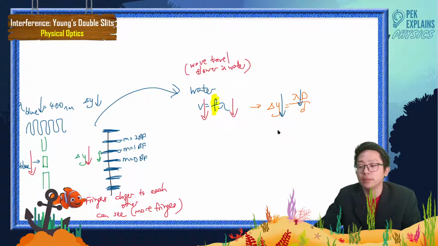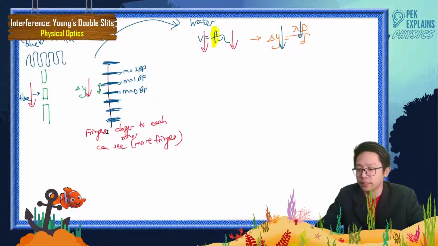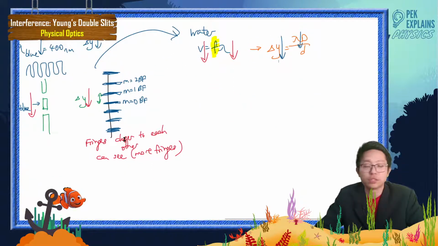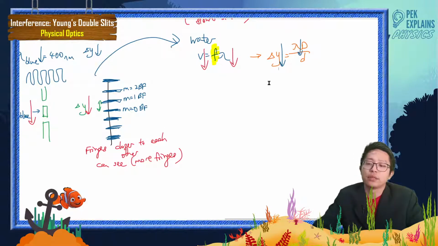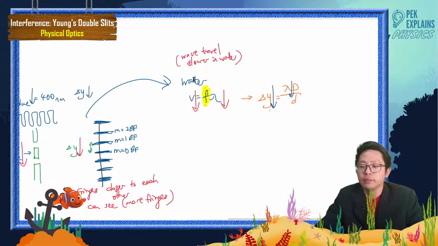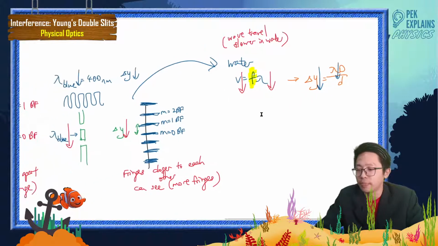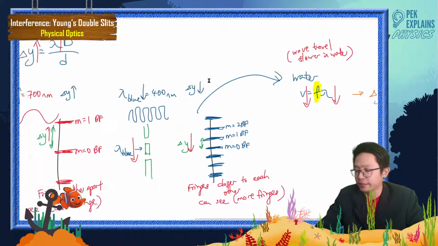That means the fringes are closer to each other. So you put it in the water, a different medium also affects the wavelength. The wavelength becomes smaller and the delta y also becomes smaller. So this is another factor.